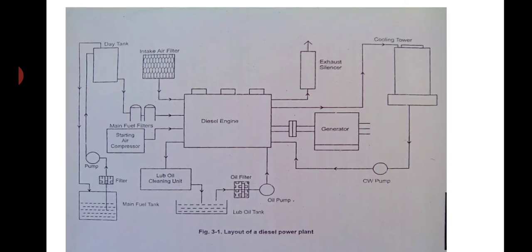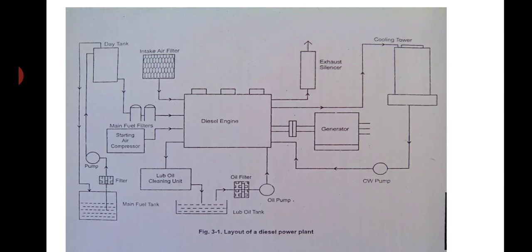You can see the cooling water. At the bottom right, top side, you have the cooling tower. From there, cool water comes. There is a cooling water pump, CW pump. It comes to the bottom of the engine, and as it rises on the engine from bottom to the cylinder head at the top, it becomes hot, and then that hot water goes to the cooling tower, and in the cooling tower this heat is dissipated to the air.